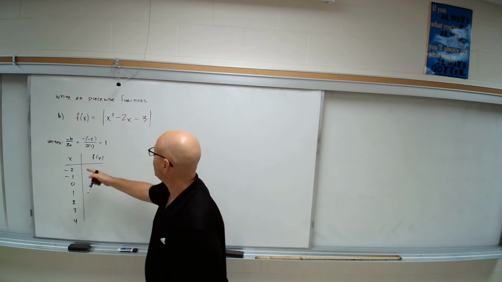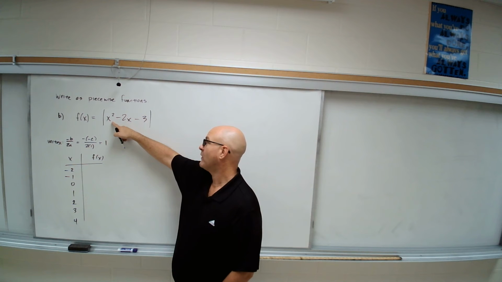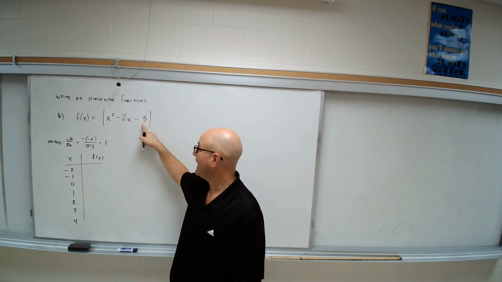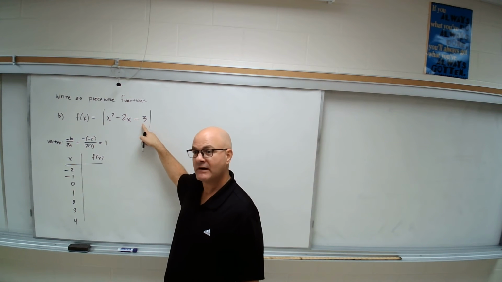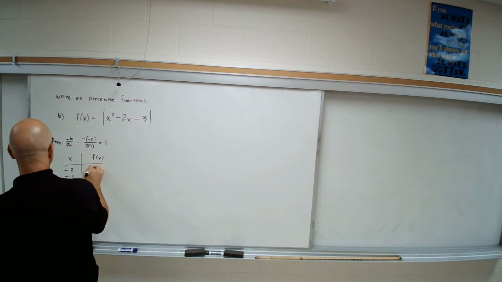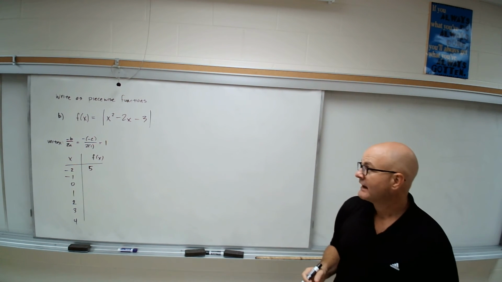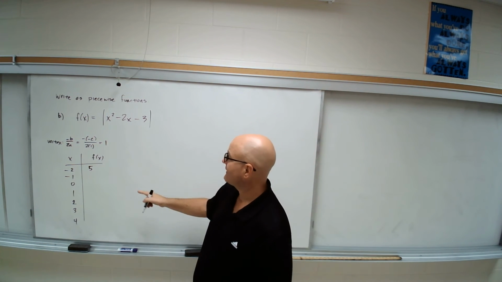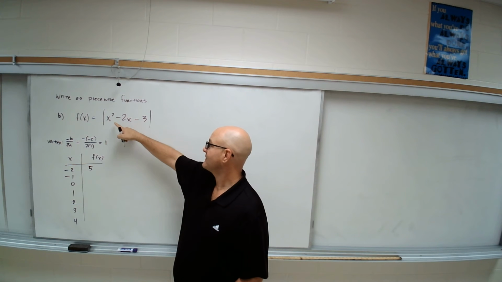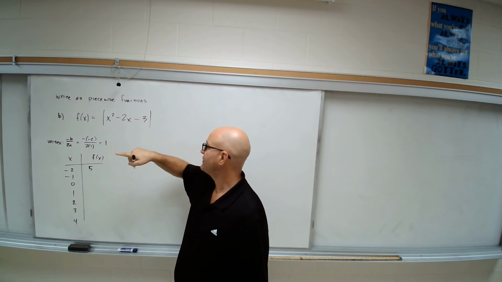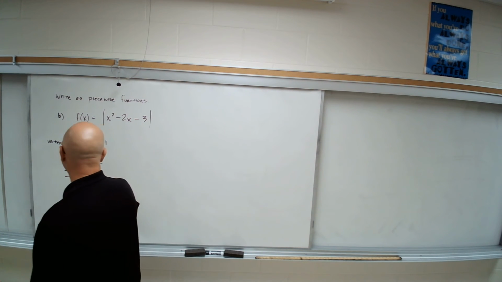So let's see. If I put negative 2 in here, that's going to give us 4 plus 4 minus 3, which would be 5, right? Is 5 positive? Yep. So it's still 5. Okay, and then negative 1 actually gives us 0, which is going to make it nice because we're going to get 1 minus or plus 2 minus 3, so that's going to be 0.